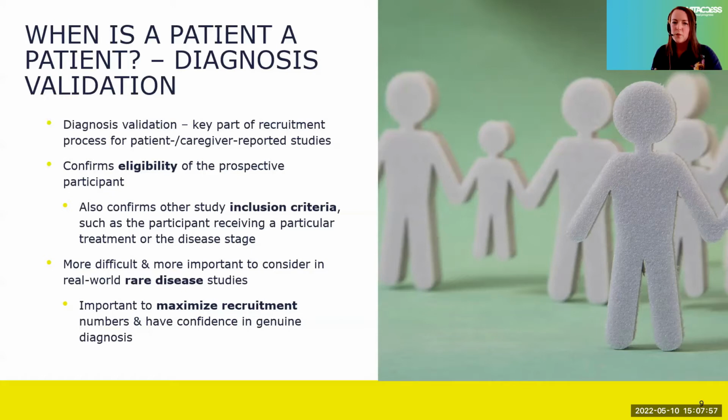And so we want to be able to sample as many of those patients as we can in our studies, but also maintain that confidence that those participants have got that genuine diagnosis and meet those eligibility criteria. And so there's often a balance in the process that we undertake at the start of the study, where we may choose less well-validated methods to make sure that we get the increased numbers, potentially taking an additional risk.